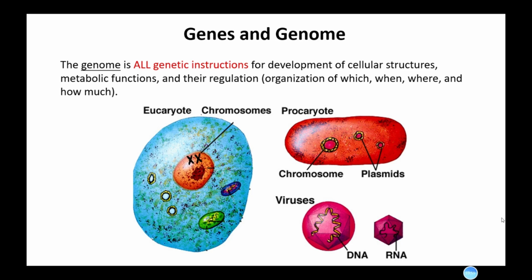So there's a question for you. What's the genome of human? DNA, chromosome, and the mitochondrial DNA, right? Exactly. We have 46 chromosomes, so that's part of the genome. But in each cell we also have mitochondria, and the mitochondrial DNA, a separate DNA, is also part of the human genome.